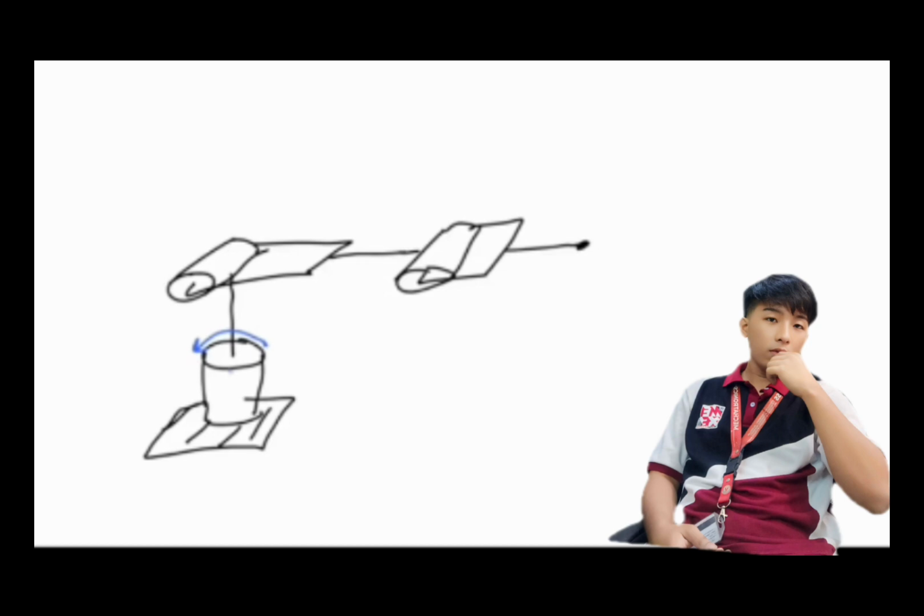From the base, this is theta 1, positive theta 1 because of the counterclockwise rotation. From the second joint, there will be theta 2 because the link moves up. From the third joint, there will be negative theta 3 because of the counterclockwise rotation.